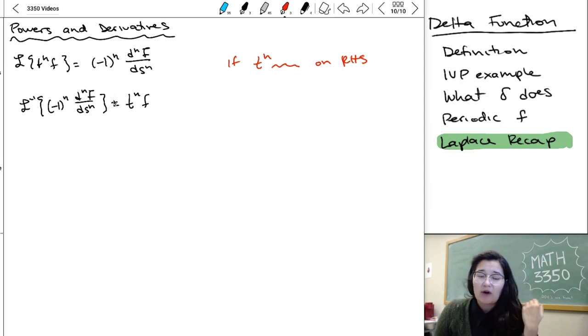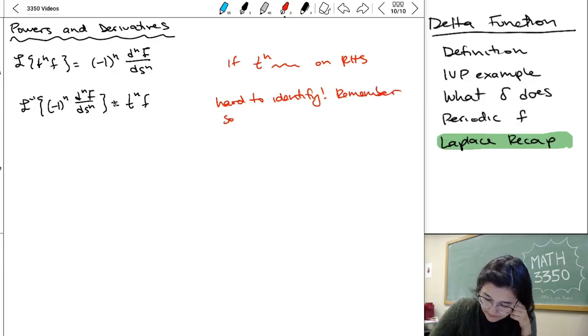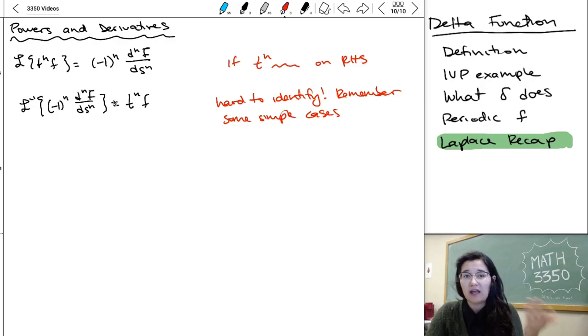And then the inverse property is probably one of the hardest for us to identify when we use it. So go ahead and try to remember some simple cases of when you've taken it forward, what type of function came back out of it.